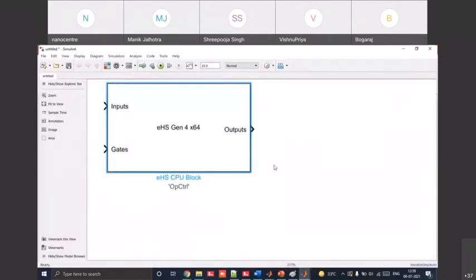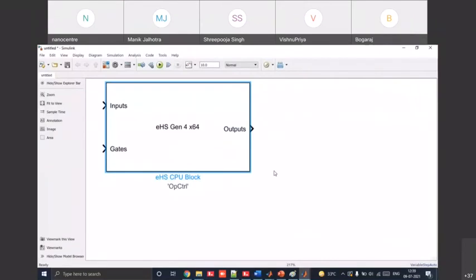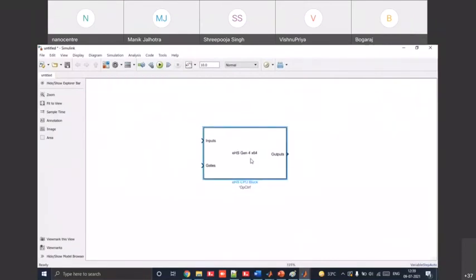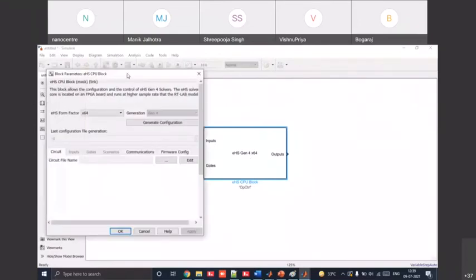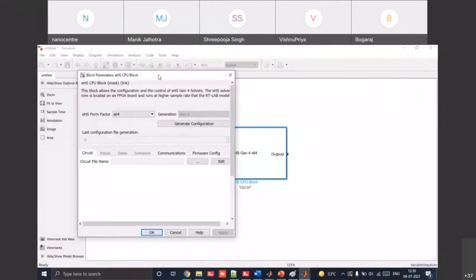As I told you, it is just a black box for us. What we need to do is open this block, and add the circuit file name of the power electronic converter model which we want to simulate at high switching frequencies, in the nanoseconds range, at this particular position.